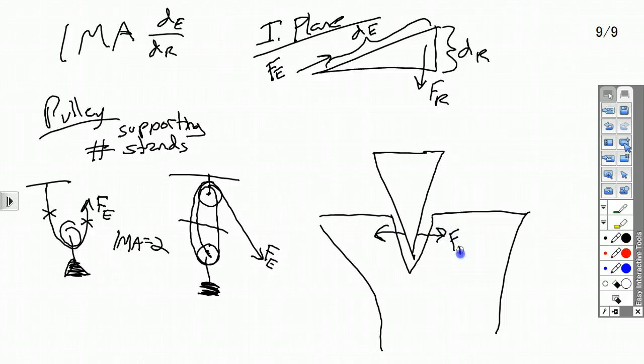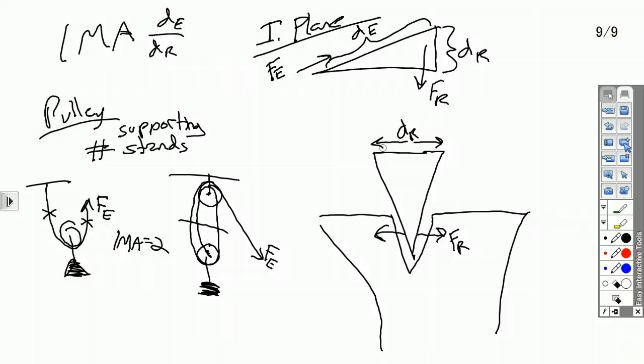There's always been some debate about this back and forth as to, okay, is it perpendicular, is it not? For our purposes, since we are going to look at the resistance distance as being the thickness, the width of this, the resistance force and the resistance distance should be parallel. They should be in the same direction. Same thing with the effort force and the effort distance, same direction.